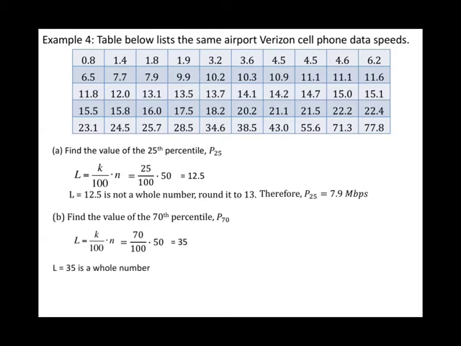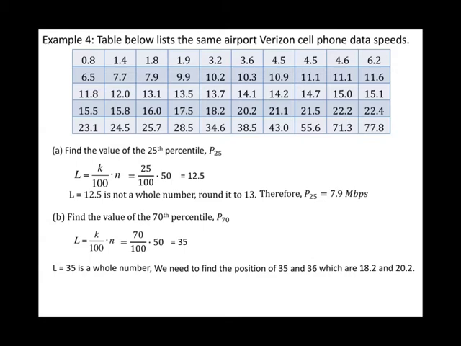So we're looking for the positions 35 and 36. You're going to find L and L plus 1. So look at the data here: 10, 20, 30, 31, 32, 33, 34, 35, and 36. So I have these two data values, 35 and 36, which are 18.2 and 20.2.